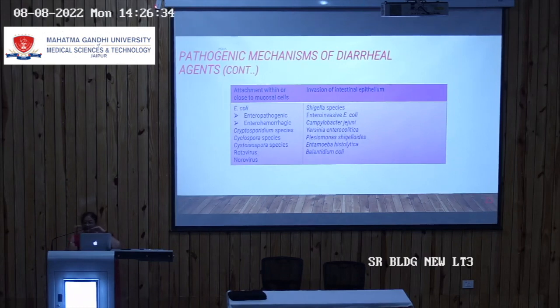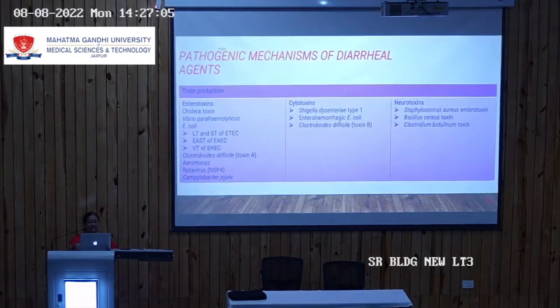Then the invasion of the intestinal mucosa and cells is by Shigella species. You understand, all those bacteria and parasites which will invade the tissue, they will cause dysentery, because then they will lead to loss of blood. So these are the invasive type of pathogenic bacteria.